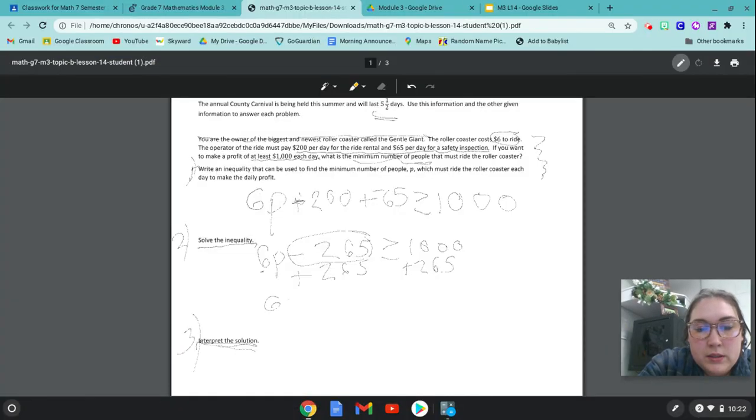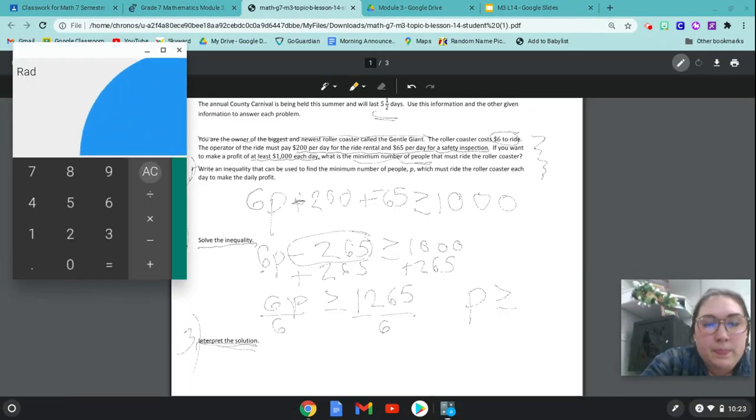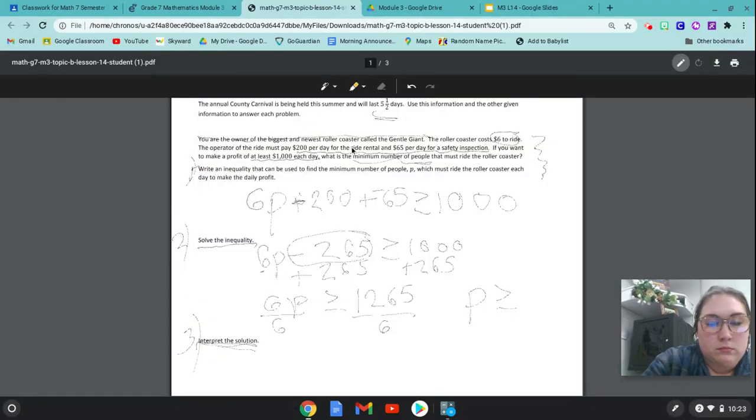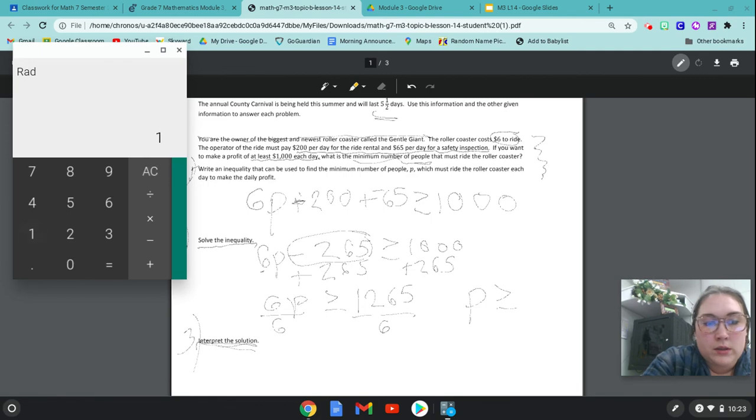Now I'm left with 6p is greater than or equal to 1,265. And I divide both sides by 6 to get p alone. So I get p is greater than or equal to, I'll grab my calculator out, 1,265 divided by 6.